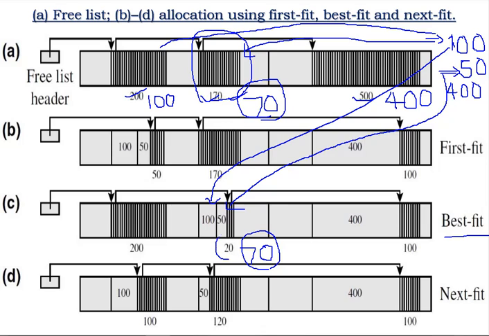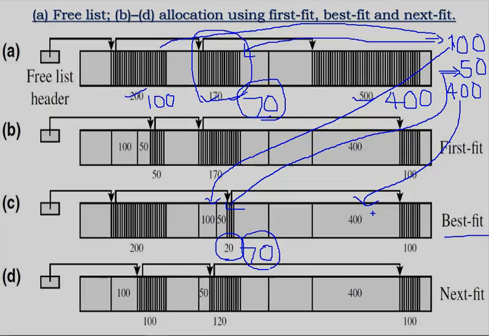We are left with 20 bytes now. The last process requires 400 bytes. The only memory block greater than 400 is the third block, so we allocate these 400 bytes to the third block. This is how the best fit technique works.